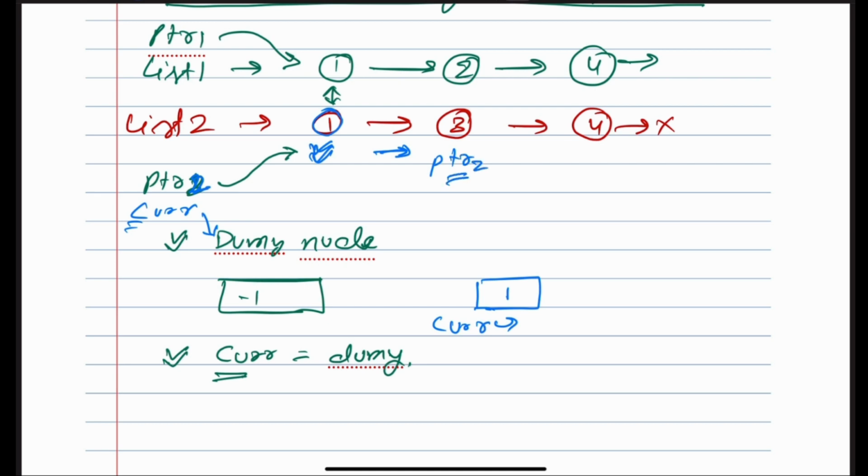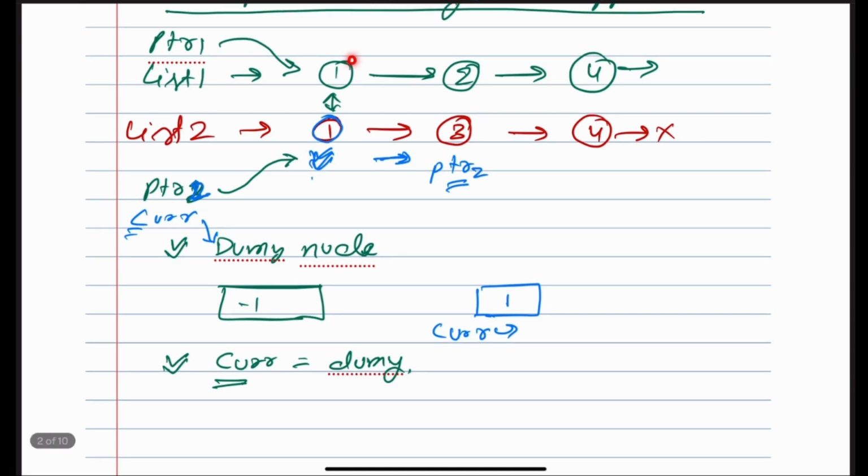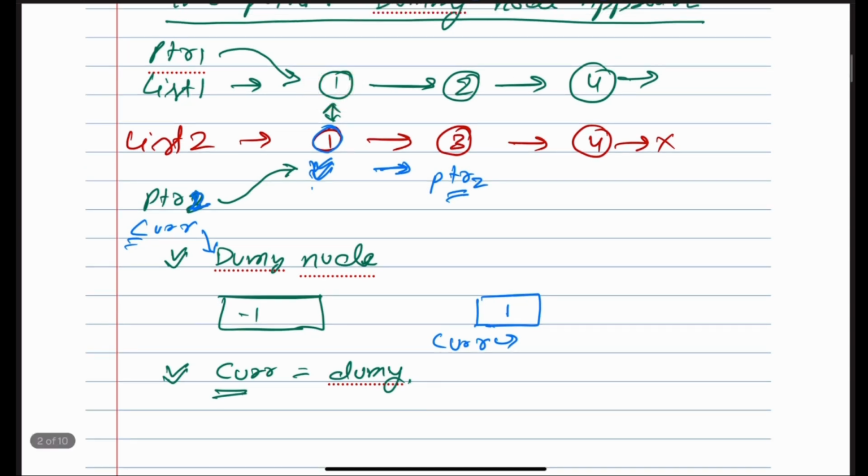Now my pointer 2 is pointing here and my current is pointing to this node. Now we will compare this node 3 with node 1 of the linked list 1, because we have already consumed this and this is still not consumed, right? Now we will compare 1 with 3. We can see that 1 is less than 3. So we will make our current point to this node. Instead of this pointing to this, we will make this node 1 point to node 1 of the linked list 1.